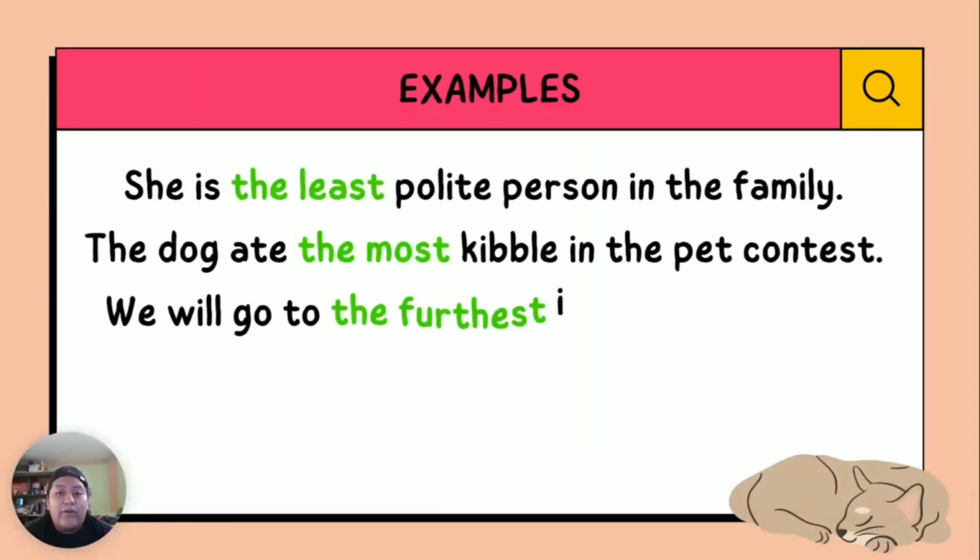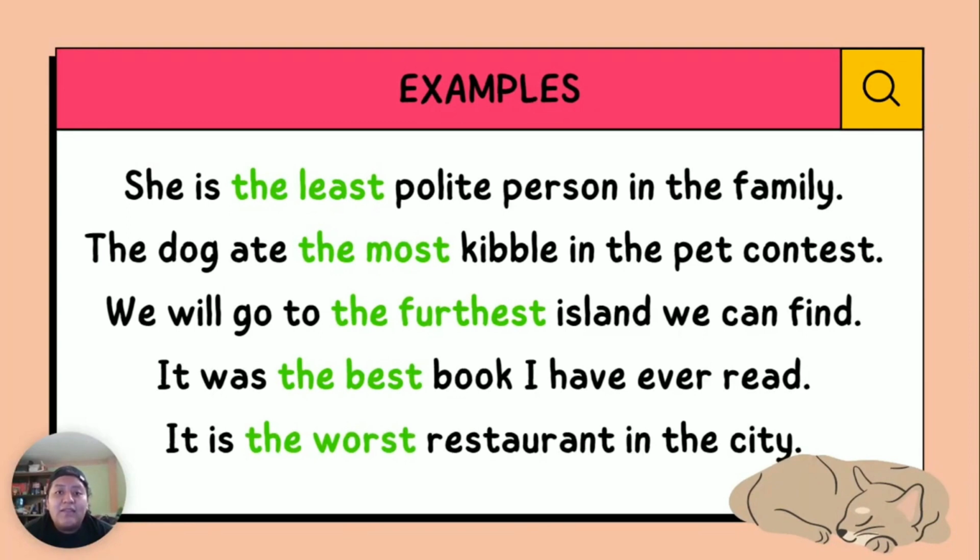Here we have more examples in the superlative form. She is the least polite person in the family. The adjective is little. Next example, the dog ate the most kibble in the pet contest. The adjective is many.